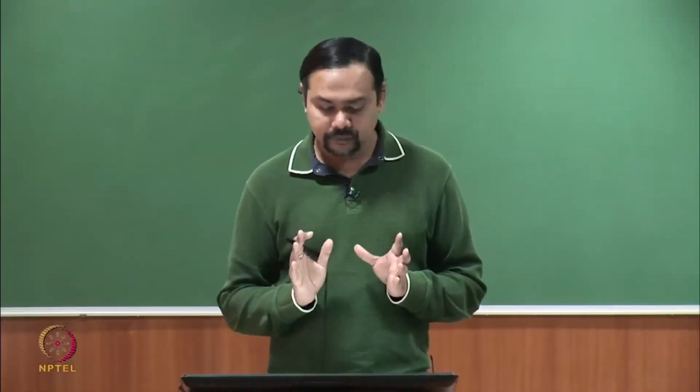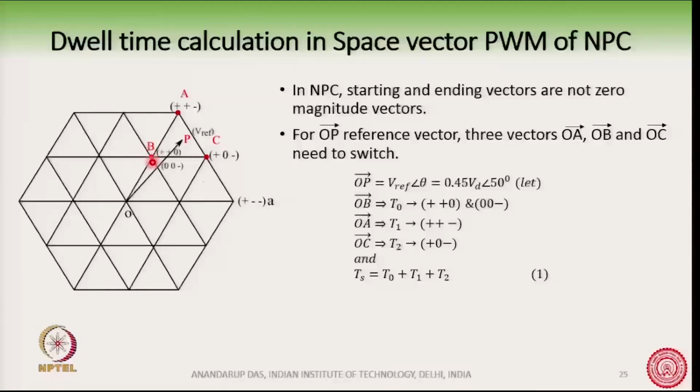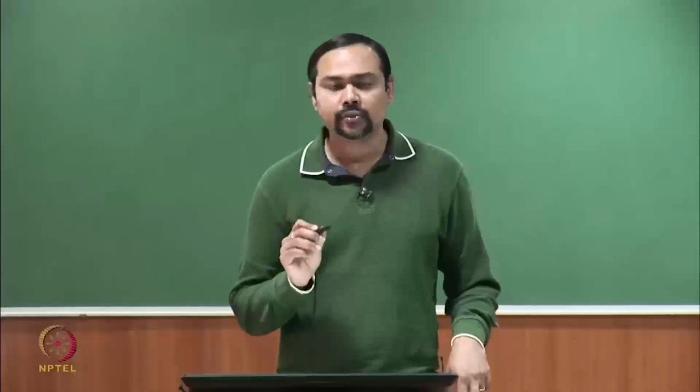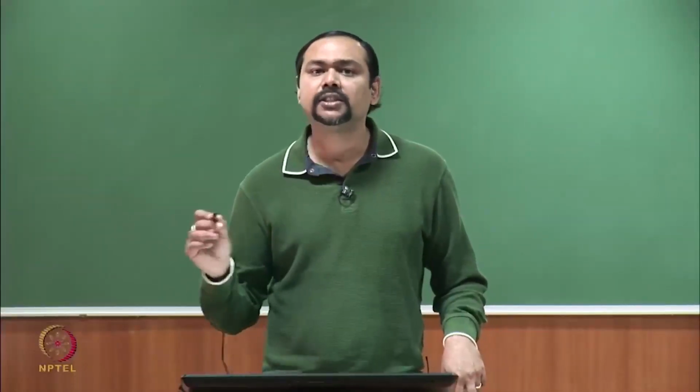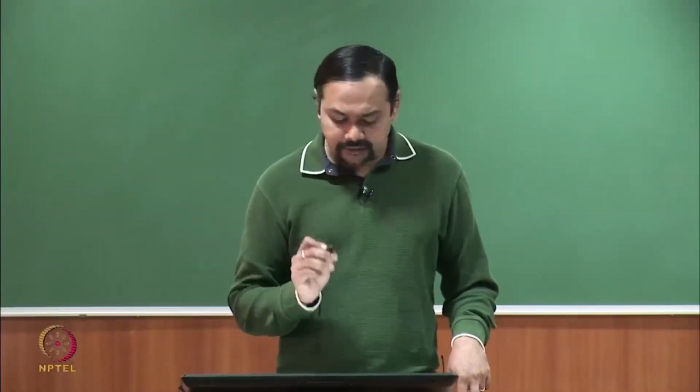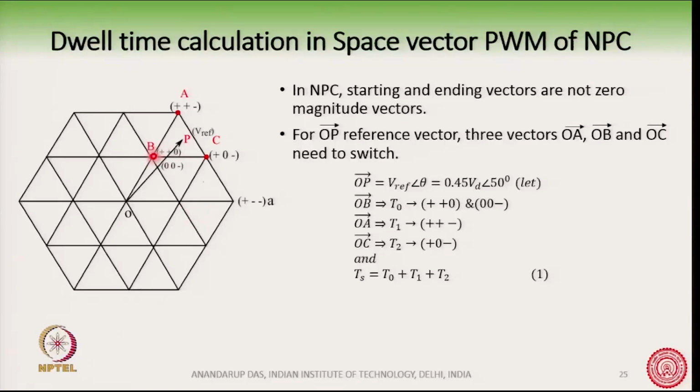It is also possible. However, if we choose the OB vector as the starting and ending vector, then it will give us minimum switching. Okay. The switching transitions will be minimum. For that reason, we always choose these vectors as the starting and ending vectors. Okay. We always choose OB.